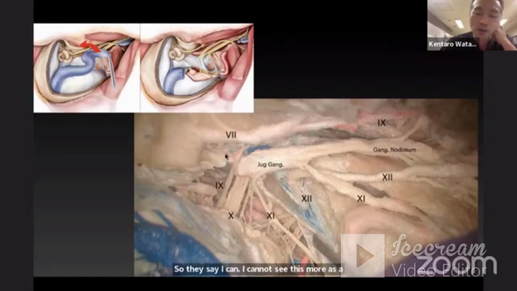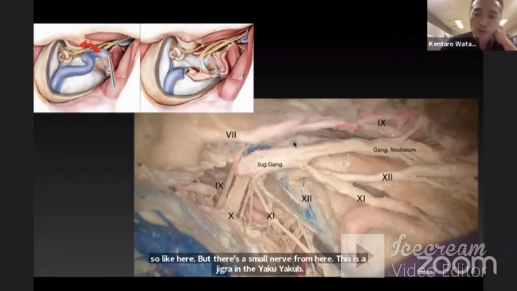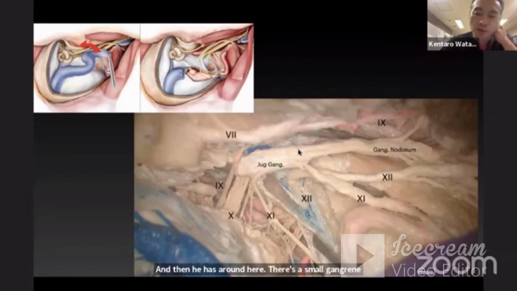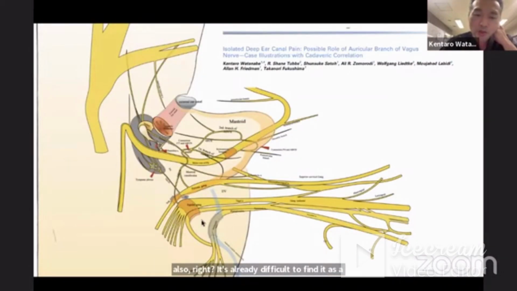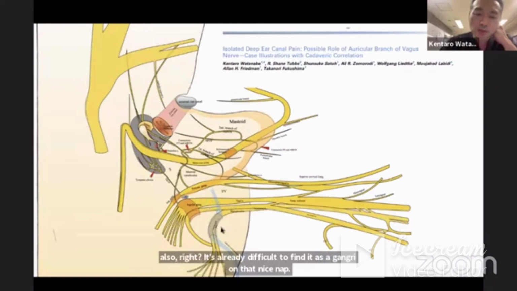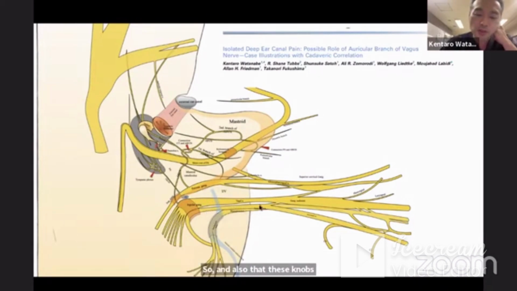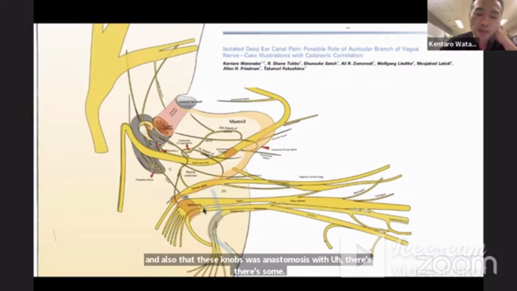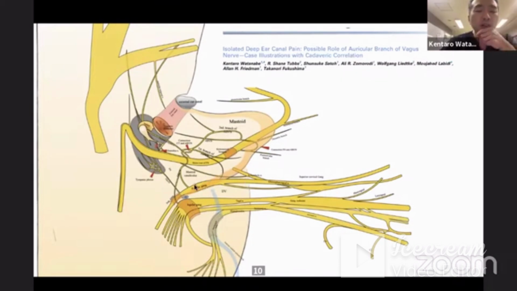But there is a small nerve from here, the Jacobson nerve. It means that maybe there is a small ganglion here, and around here there are also small ganglia, but it is already difficult to find them as ganglia on the 9th nerve. And these nerves anastomose; there are a lot of connections: 9 to 10, 10 to 11, 11 to 10 to 12, and 9 to the facial nerve, also 10 to the facial nerve.